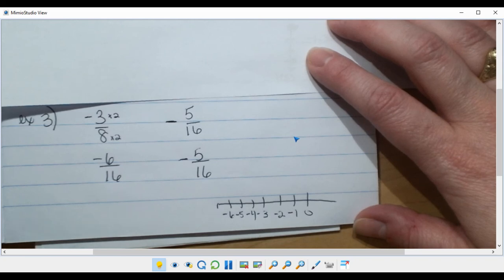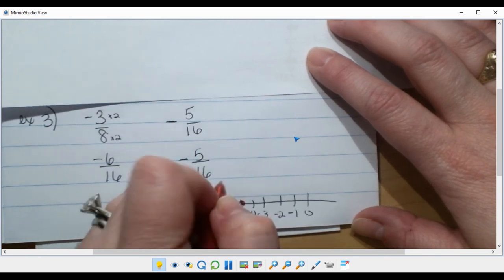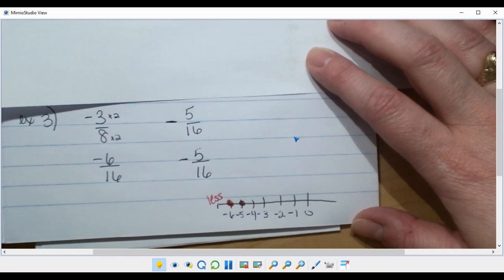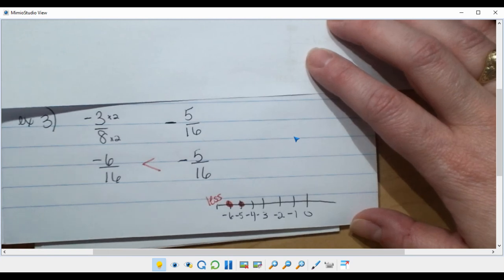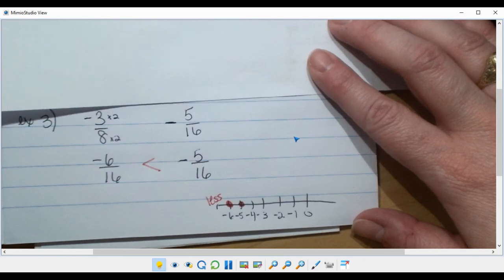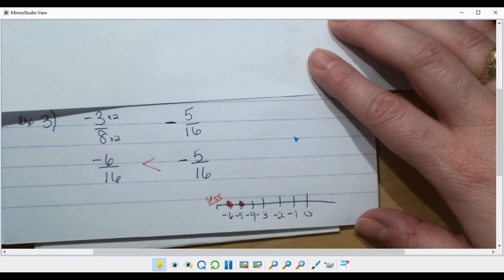So my -6 would be here, and my -5 would be there. And if you remember, left is less, so -6 is further to the left, which means -6/16 is less than -5/16. Okay, so remember everything you've talked about with ordering fractions. Remember everything that you've talked about with ordering decimals, and everything you've talked about with ordering negatives, and roll it all together, and that's what we're doing today.